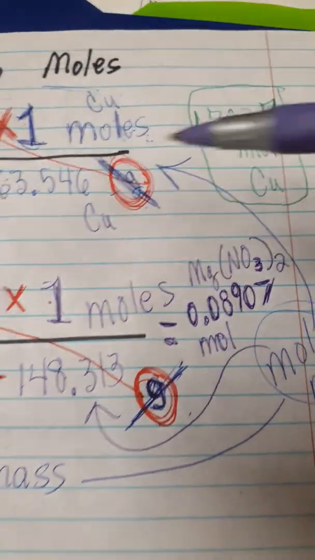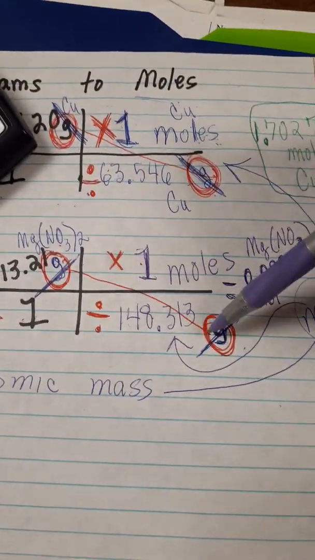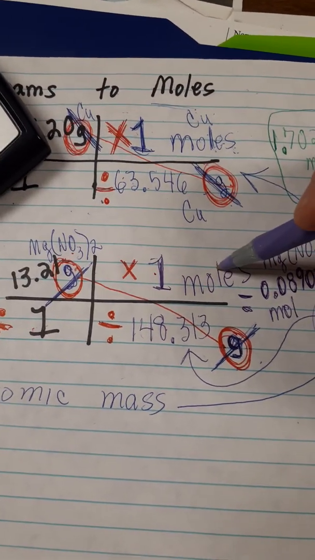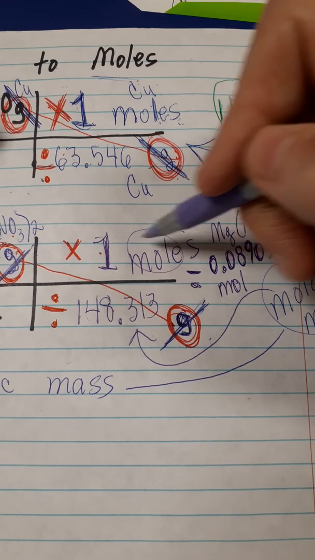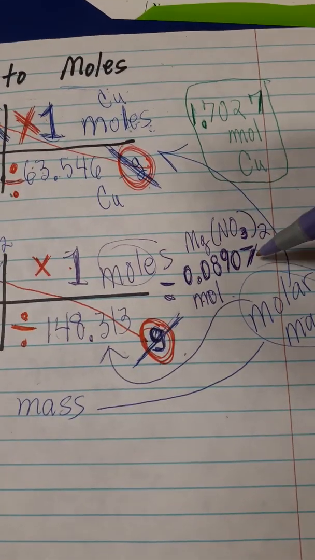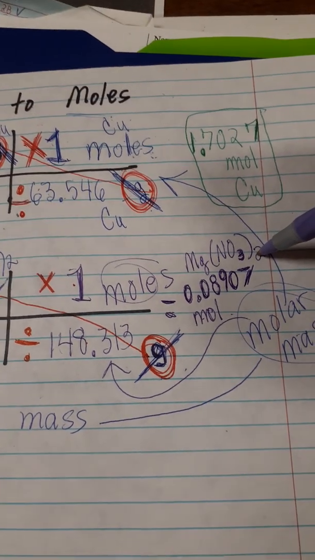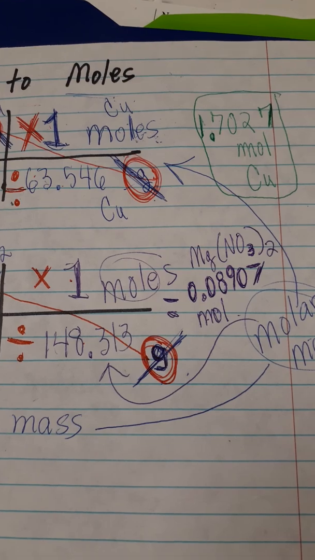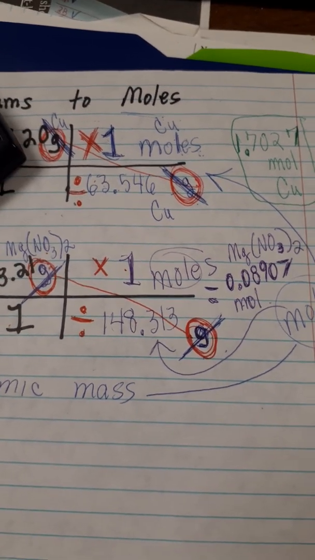And again, grams cancel. We copied it down here so that it would cancel. Moles is not canceled, and that is how it ended up in the answer. And we're doing magnesium nitrate the whole time, and that's why it's magnesium nitrate here. Use this to help you assist in finishing the grams to moles calculations in the lab.